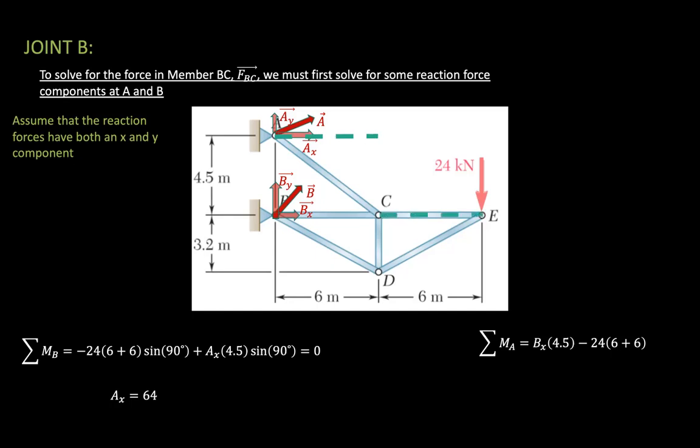It's because we can move the line CE up like this, and that total distance is 12 meters, and move the force along its line of action up like this. And the sum of the moments about A is also equal to 0. So we can find that B_x is equal to 64 kilonewtons as well.